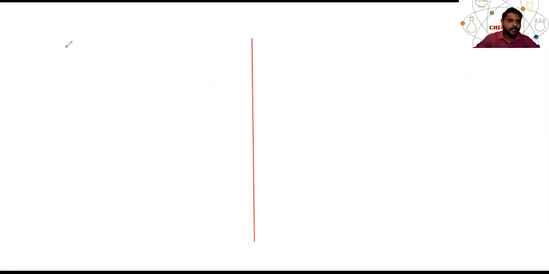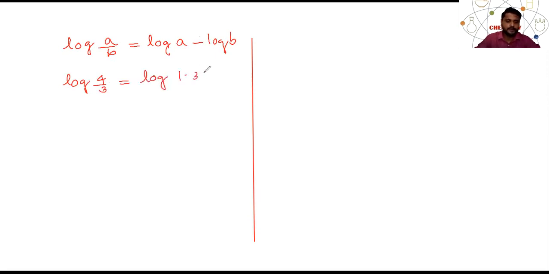Suppose we have got a log a by b term. Then how to write that? Log a minus log b. Let me take one example. Log 4 by 3: I can also write it as log 1.333, but I do not have log 1.3 memorized.